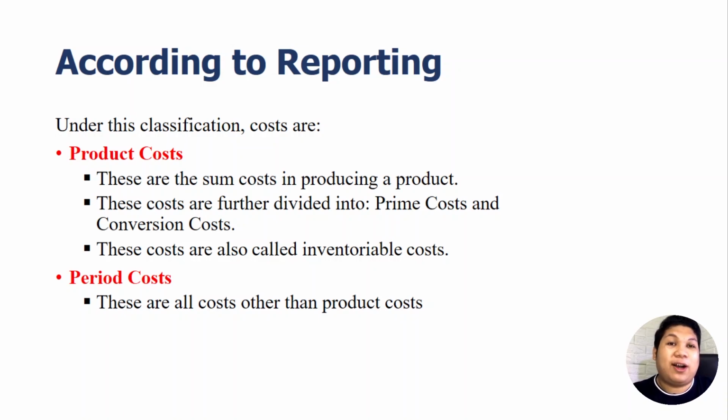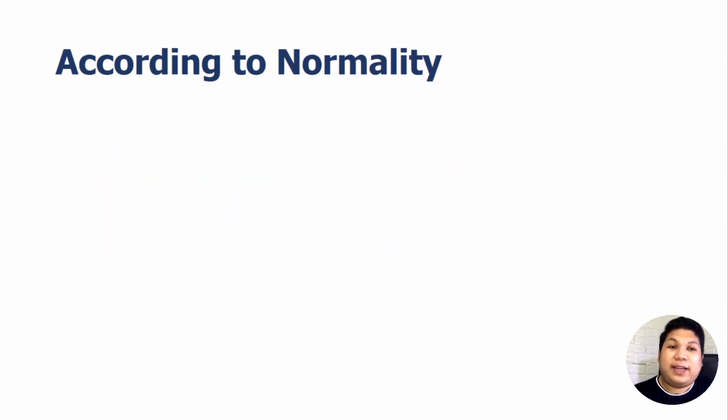All of those are period costs. Any cost incurred that is not related to production are called period costs, and they are non-inventoriable, unlike the product cost.